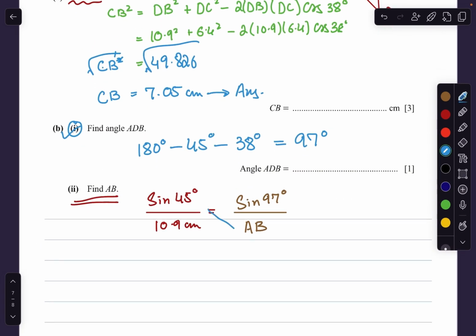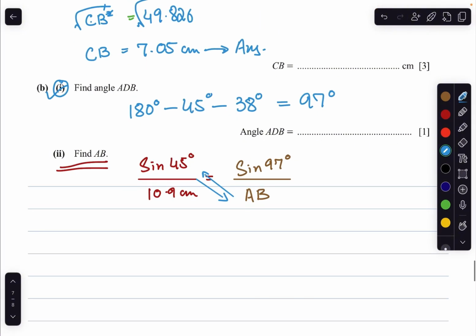To solve it, we can cross multiply, AB above, sine 45 downwards. AB equals sine of 97 degrees times 10.9, divided by sine 45 downwards.